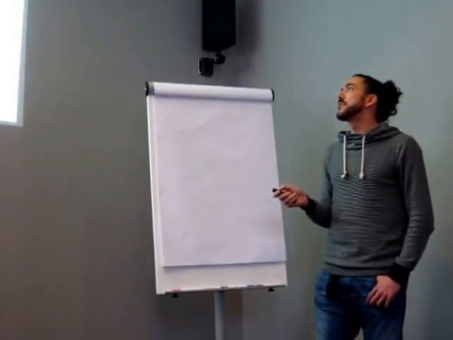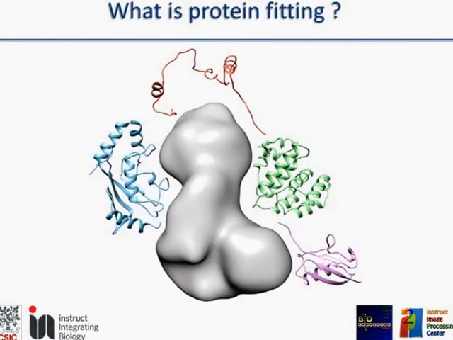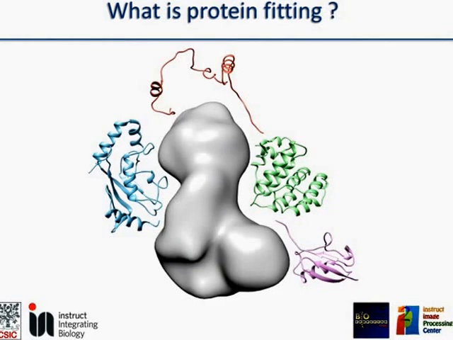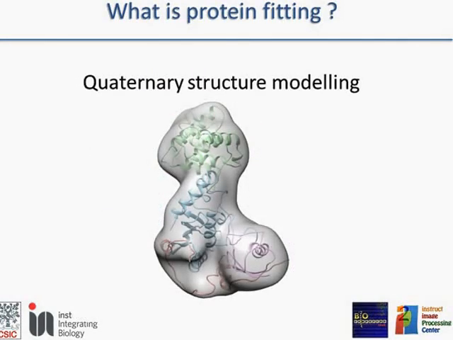What is easier to get is the structure of the subunits. They are smaller, probably they are easy to crystallize, or maybe with NMR, or we have other tools such as homology modeling. And this is what protein fitting is: the quaternary structure modeling of a complex using the structure of the single units and the volume of the whole complex.